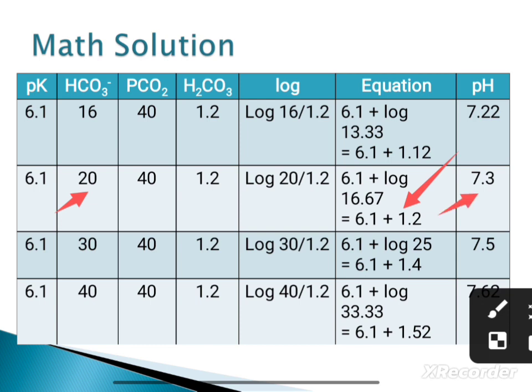It means if the bicarbonate level is 20, an acidic condition still persists, but it is milder than the previous one. In the same way, if the bicarbonate is 30, we will get a pH of 7.5. It means the blood has become alkaline.